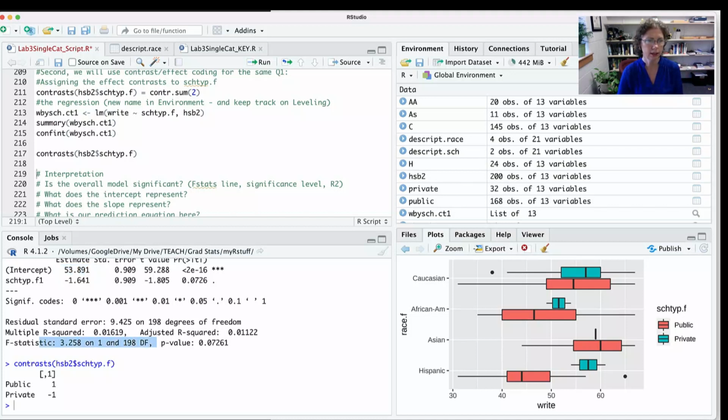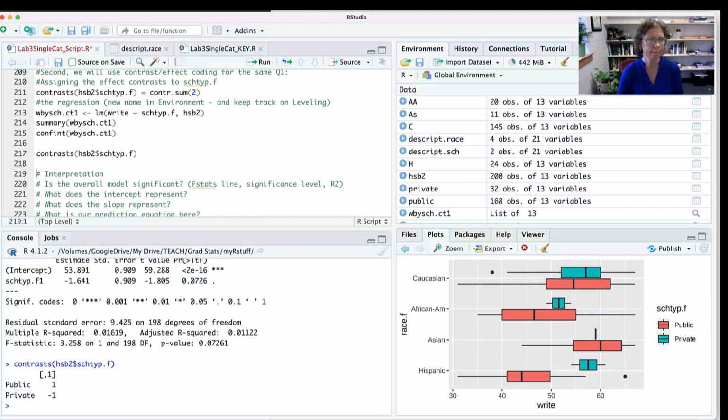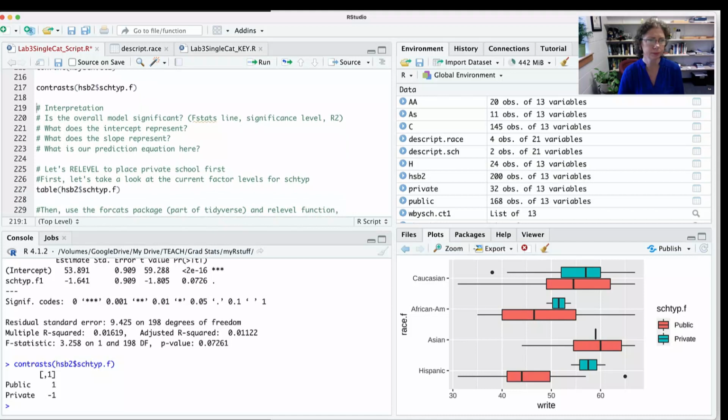Notice that our f-stat is the same, our r² is the same. The only thing that's different is right here how we're interpreting the coefficients, the intercept and the regression coefficient. That's the big difference in interpretation here. We have the same p-value. The intercept represents the grand mean.